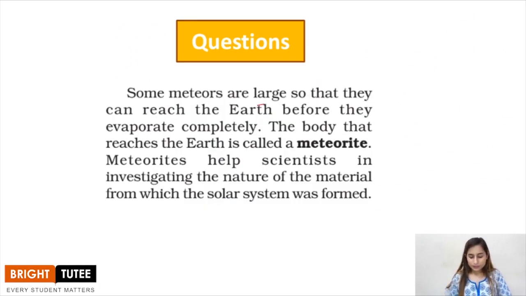Now, some meteors are so large that they can reach the earth before they evaporate completely. As we discussed, when the meteor enters the earth's atmosphere, due to the friction, it gets heated up and it glows and it gets evaporated due to that heat. But there are some meteors which are much larger, right? They do not get evaporated before they reach the surface of the earth. The body that reaches the earth is called meteorite, right?